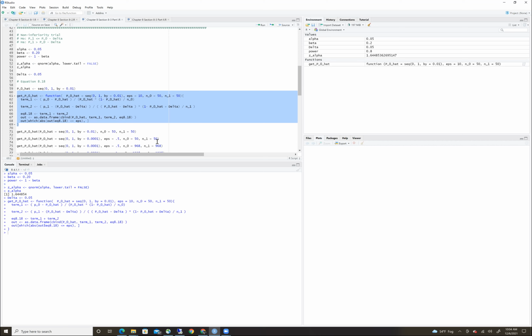And if we have equal sample sizes, let's suppose N0 is 50 and N1 is 50, and we consider all these different values of P0 hat. So remember, P0 hat is some number between 0 and 1, and I'm going to just step by 0.01 here.